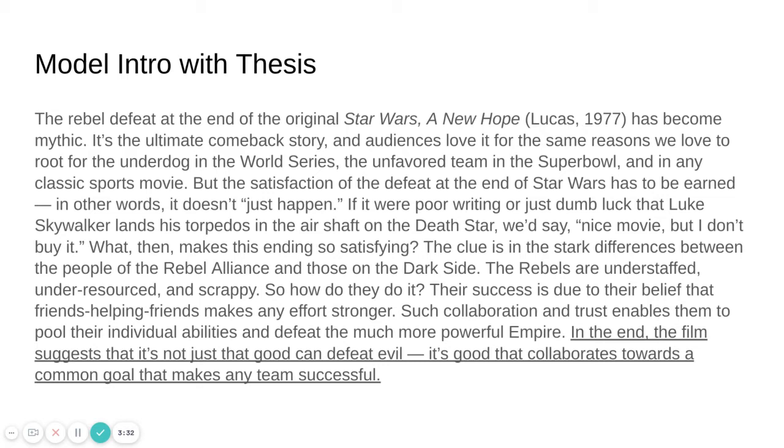In the end, the film suggests that it's not just that good can defeat evil, it's good that collaborates towards a common goal that makes any team successful. Now that is something that has to be supported with evidence and reasoning. That's what the rest of my paper is going to try to illuminate.